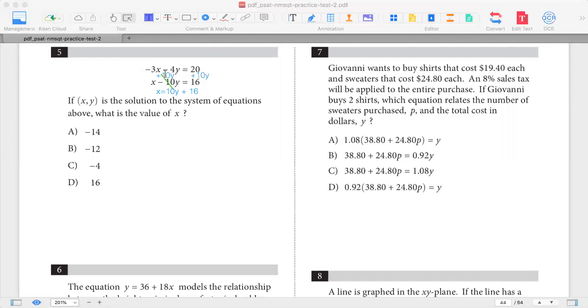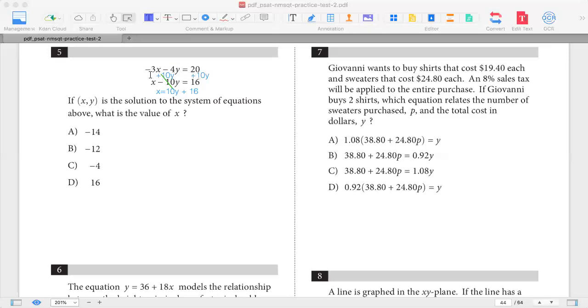Positive 10y cancels negative 10y here. So x is isolated, and on the other side I have 10y and 16. So now I have a value for x that contains y as a variable. So when I substitute x here in the first equation, I will have one variable only, which is y. So I can easily get the value of y, and when I get the value of y, I can easily get the value of x. Okay.